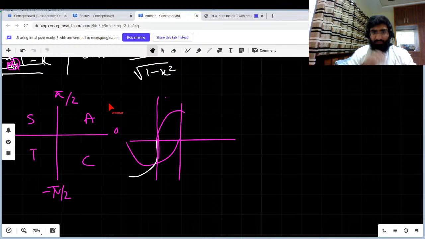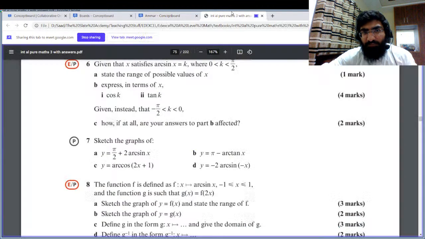Tan would be negative, because here it will just be negative. Tan would be negative, cos would be positive.